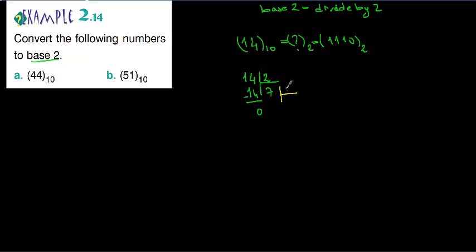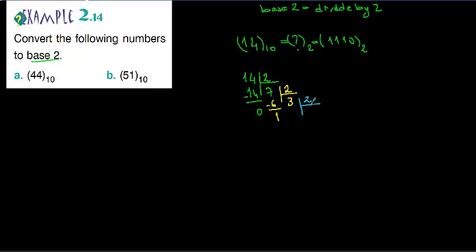The quotient is 7, and when you divide by 2, it is equal to 3. 3 times 2 is equal to 6, and the remainder is 1. I'm writing with a different color because the remainders are important for me. And now I'm going to divide by 2 again, as usual.